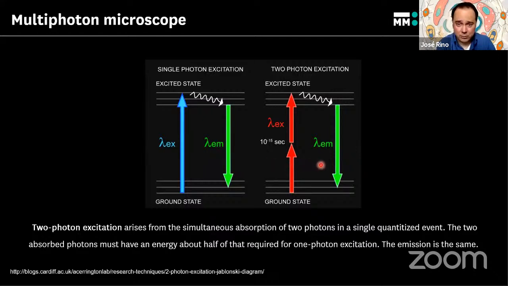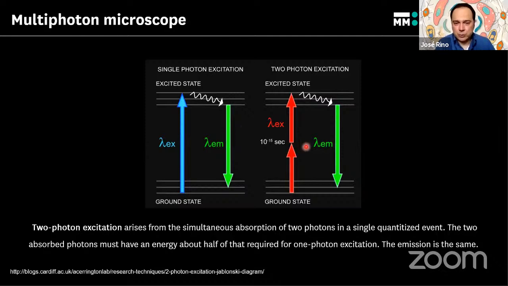Okay, so this is one of those quantum mechanics effects where it's not really expected. But if, in a very short amount of time, you happen to have two photons, each one of them with half the energy a single photon would need to excite this fluorophore, they will be perceived as one.